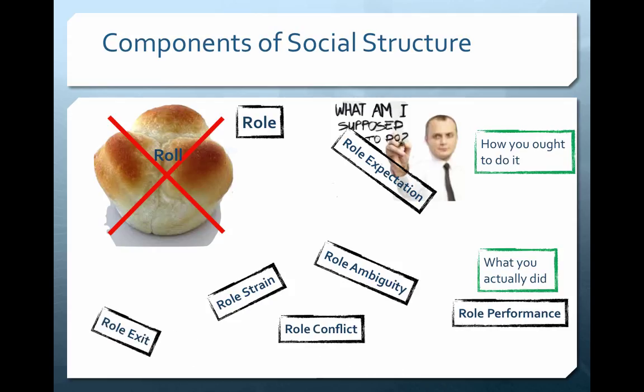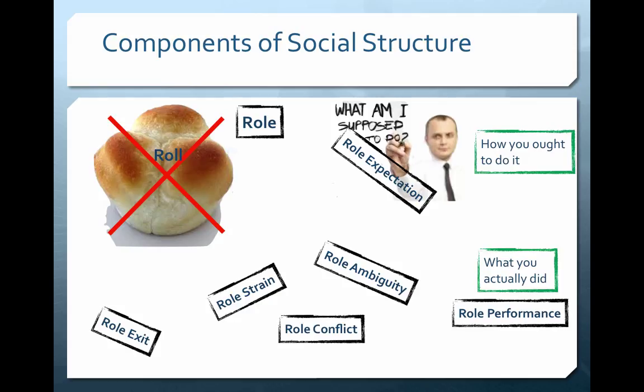And then lastly, some roles we role exit. This is when a person disengages from a social role that has been central to their identity. So for example, if you've been incarcerated for a long period of time, your role was that of convict. When you exit that, you become an ex-convict. It doesn't necessarily make what you need to do and your responsibility any easier.